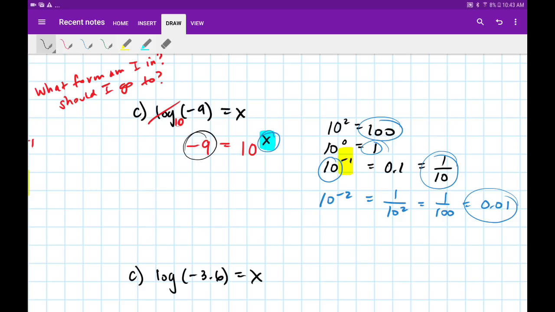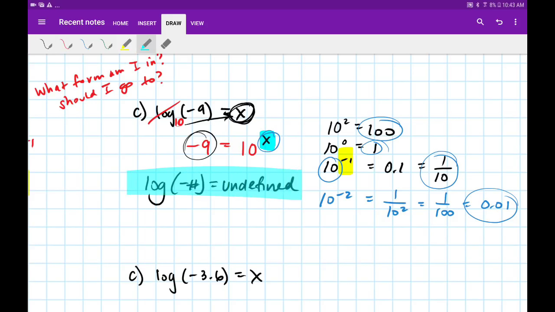This is just a rule that you're going to have to remember: log of a negative number is actually undefined. What we're saying is there exists no x such that 10 to that power gives us negative 9. I need you to write this in your notes, box it, make it super duper important. Log of a negative number is undefined. That means naturally ln of a negative number is also undefined.